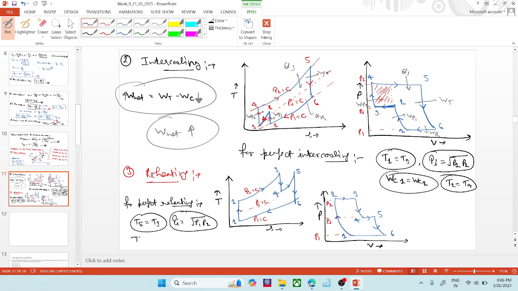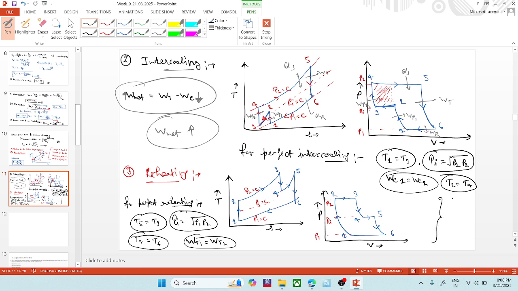Then T4 is equal to T6, and both turbine works would be the same, WT1 equals WT2. So these four are the conditions for perfect reheating. Here are the four conditions for perfect intercooling, and here are the conditions for perfect reheating.